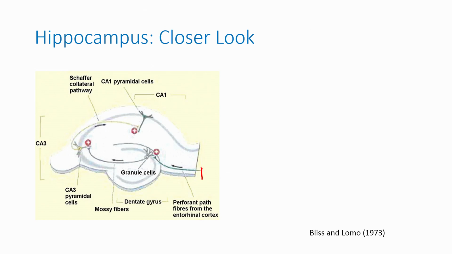These are the perforant path axonal fibers, also called perforant fibers, and they come and make synapses onto the dentate gyrus cells, and the dentate gyrus cells send their inputs to the CA3 neurons, and the output of the CA3 then goes into the CA1 pyramidal cells.